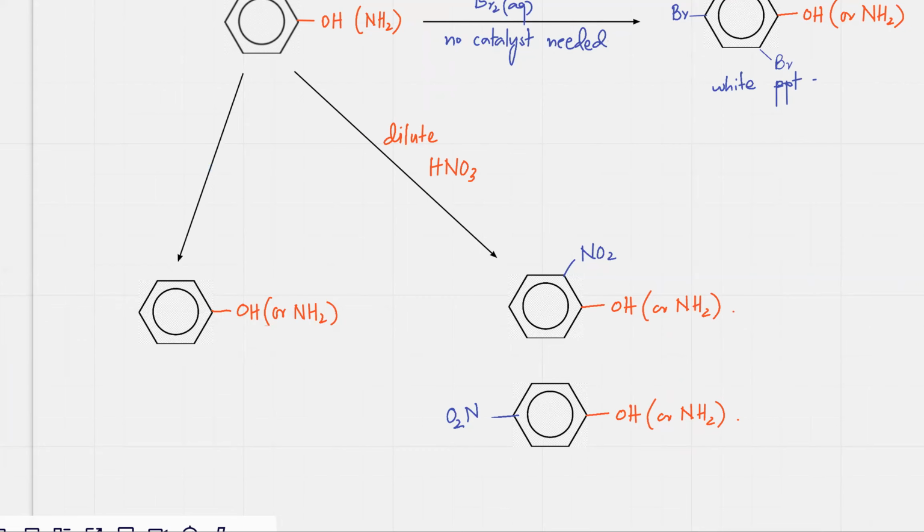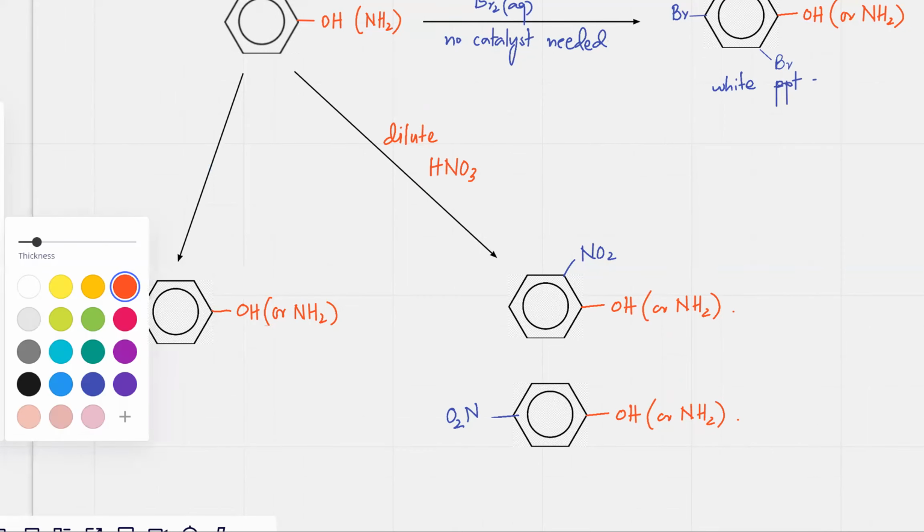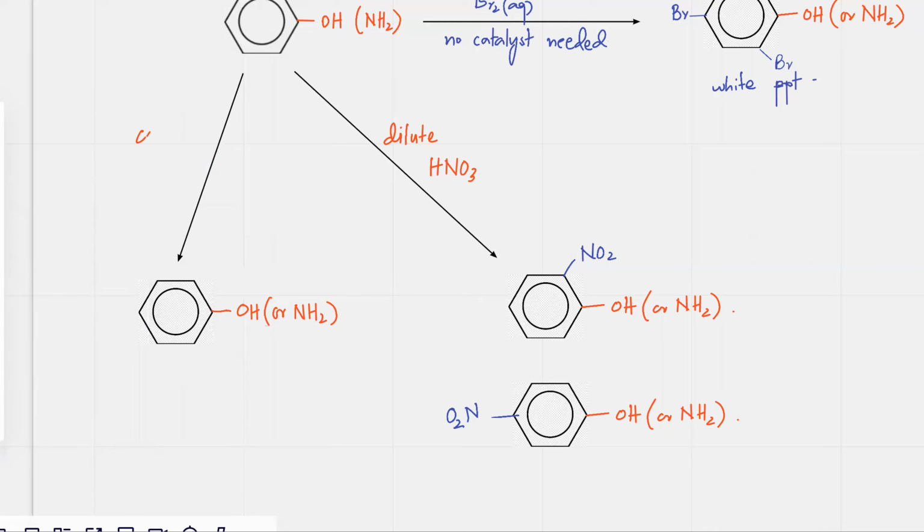And in this other reaction, if concentrated nitric acid is used, then the NO2 will get attached to all 3 positions.